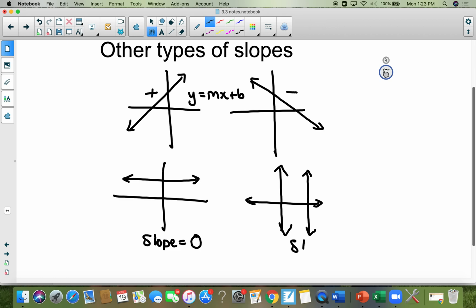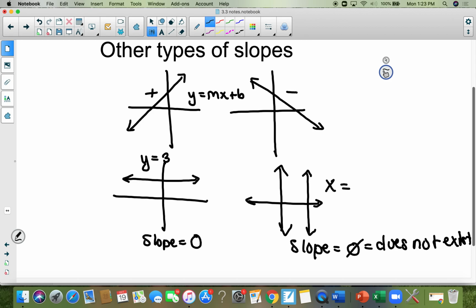And this one has a slope that's non-existent. It's a no solution. A lot of times we say it does not exist. A horizontal line starts with the letter y, so maybe this is y is equal to 3, and a vertical line starts with the letter x. And a positive and a negative have a y and an x in it, so just keep in mind.